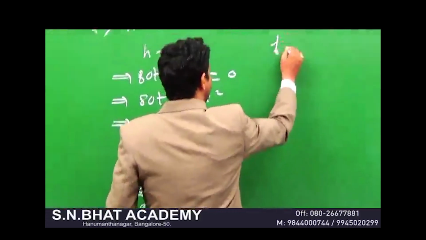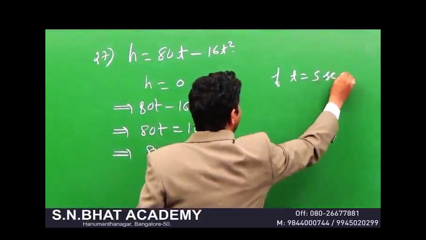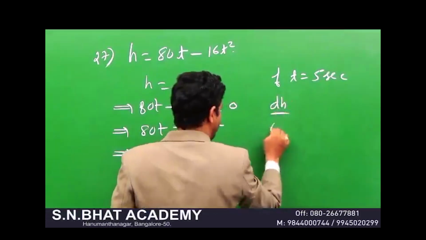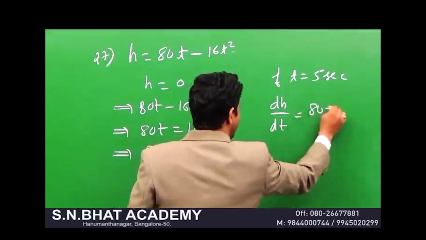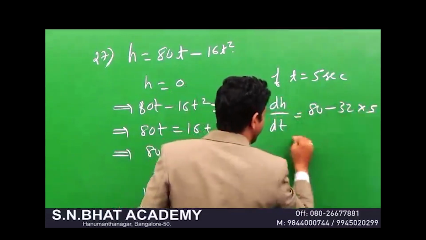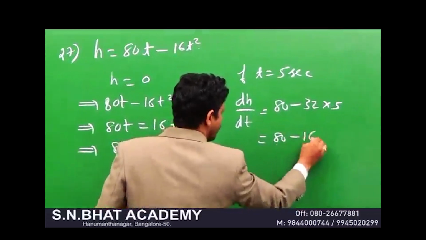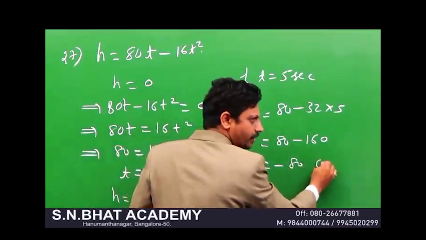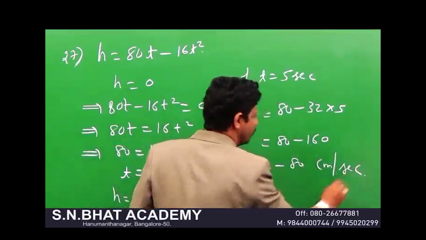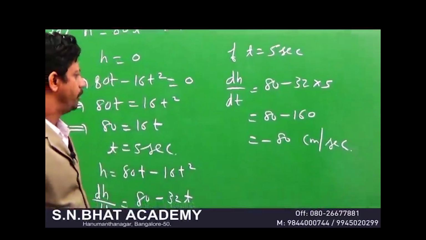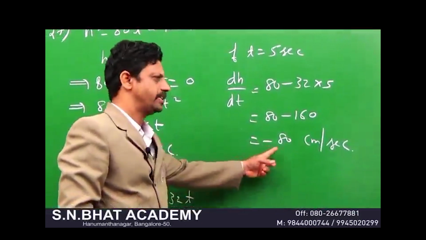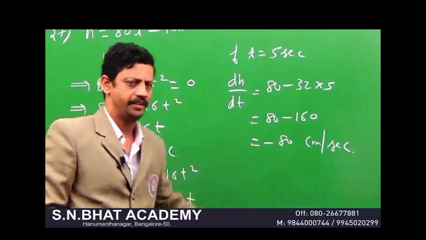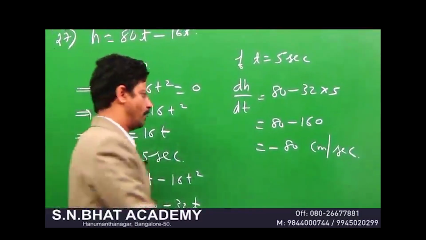If t is equal to 5 seconds, dh by dt is equal to 80 minus 32 into 5, that is 80 minus 160, that is minus 80 centimeters per second. So this is the velocity with which it hits the ground. So it is minus 80 centimeters per second. It is option number 1.